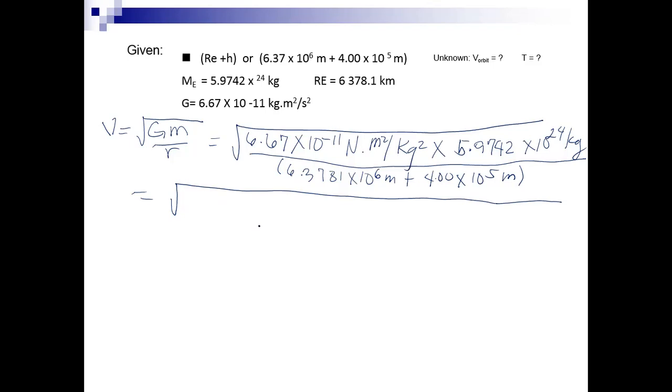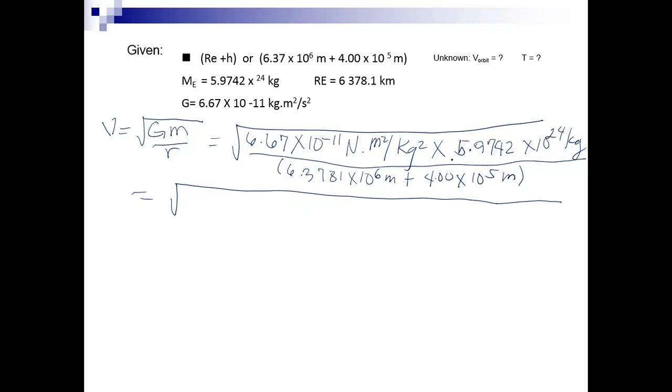Pag natapos mo na siyang gamitin, that's the only time na tatanggalin mo na siya sa iyong computation. Pero once na tinanggal mo siya, I will conclude na ginamit mo na siya, and I might think na mali yung sinagot mo kasi wala na siya, pero nandun na yung sagot natin.